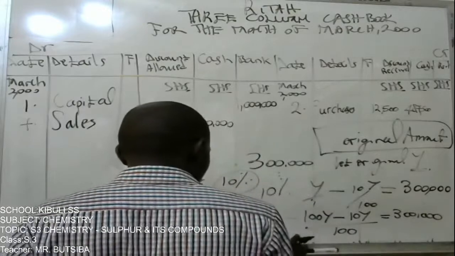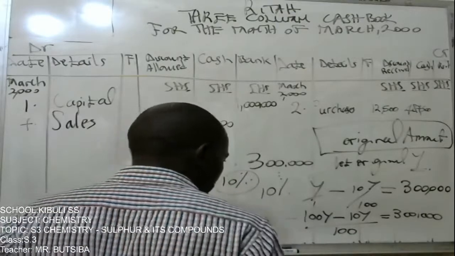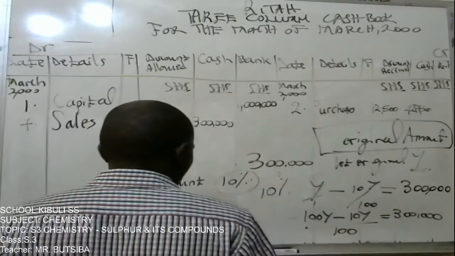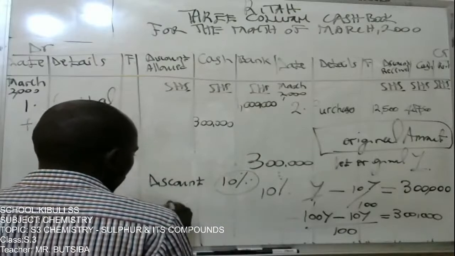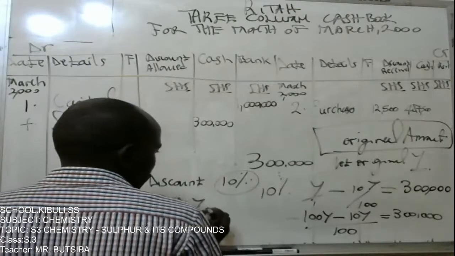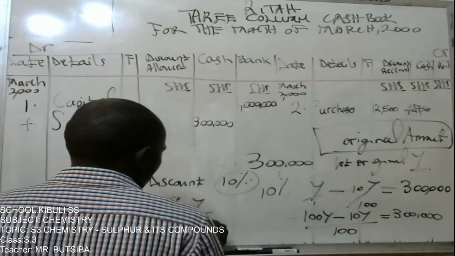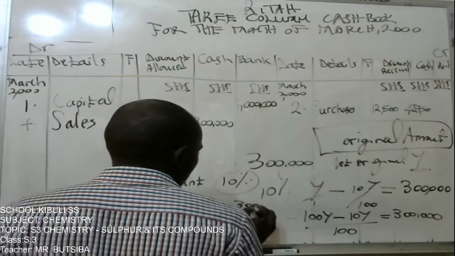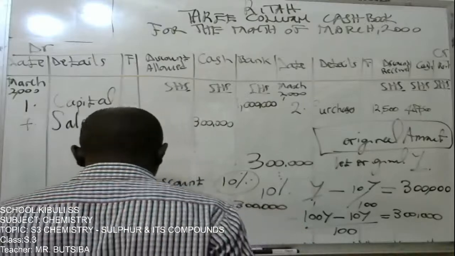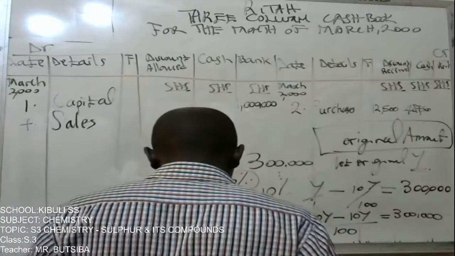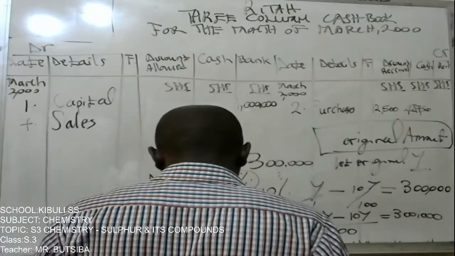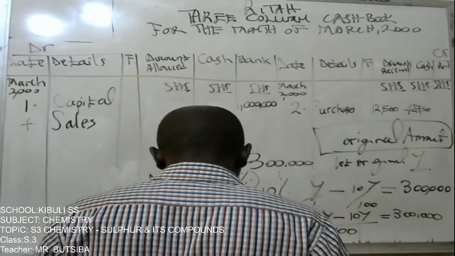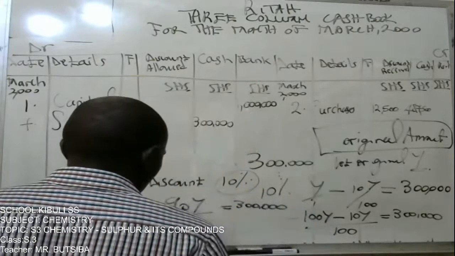Hope you remember this basic mathematics. So 100y minus 10y remains with 90y over 100, which equals 300,000.